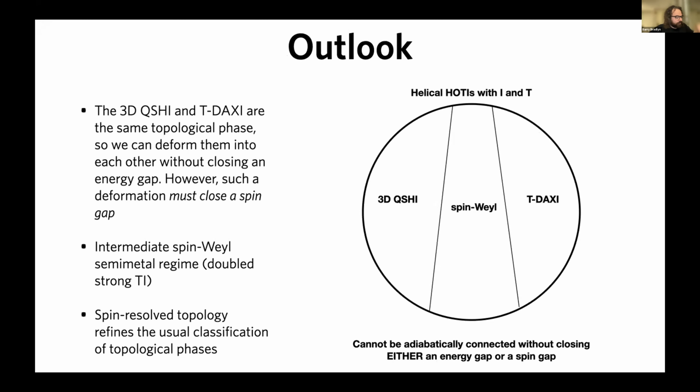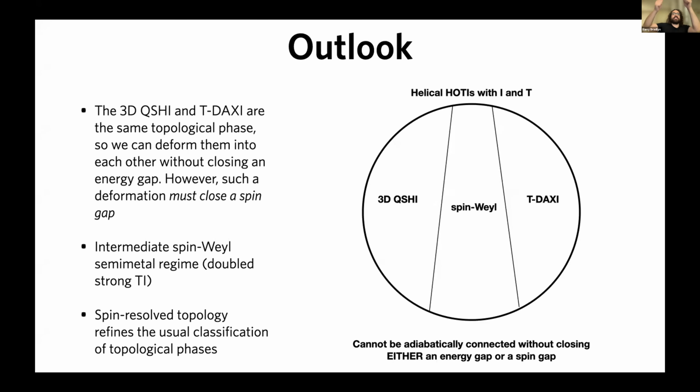Okay, so just as an outlook, we have these 2 different ways of spin resolving helical Halides in 3D. We have these time reversal doubled axion insulators. We have 3D quantum spin Hall insulators, which have extensive bulk spin Hall conductivity. I can deform one into the other without closing an energy gap, but I have to close a gap between the bands in the spin spectrum.